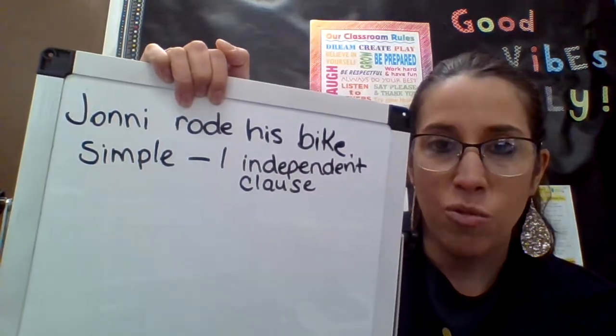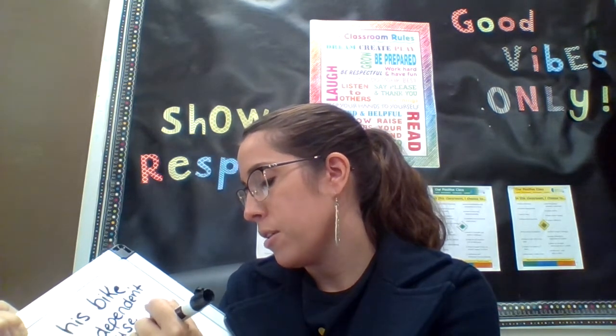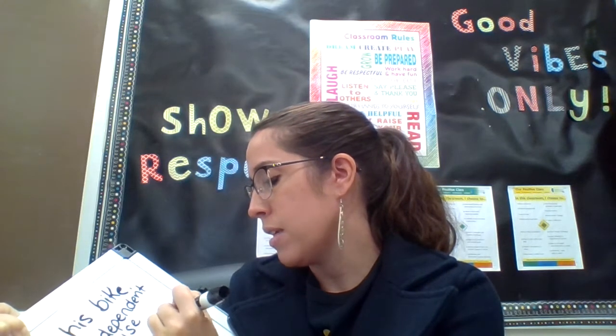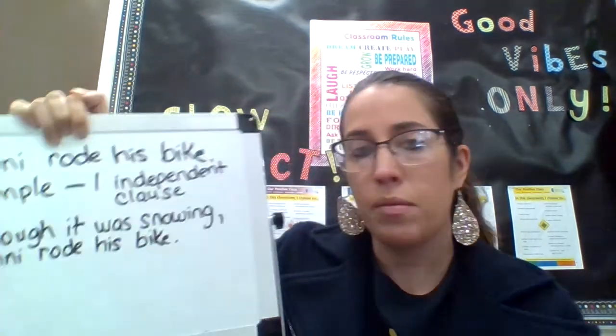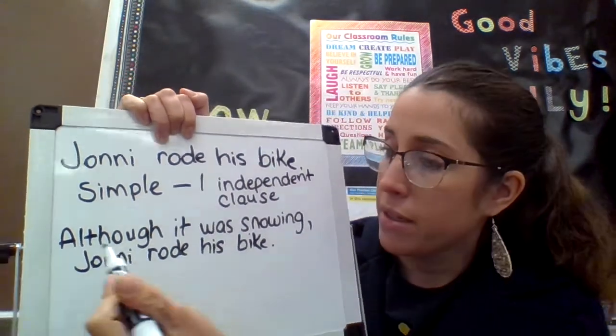Now, let's add some words to our sentence. Although it was snowing, Johnny rode his bike. So now I have added some to our sentence. I have added a clause to the front of our sentence.